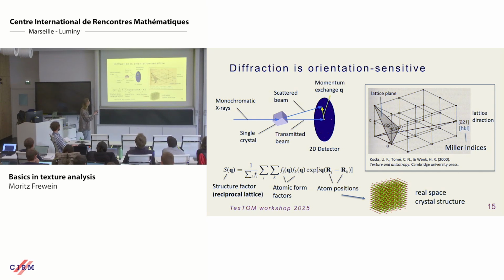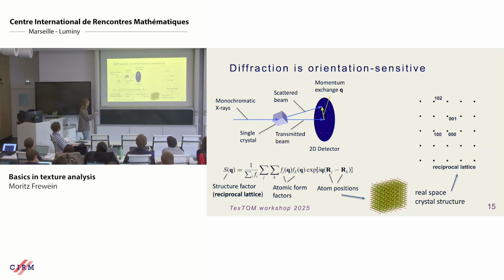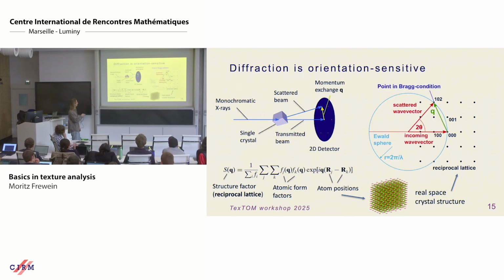Sorry, this is the wrong image here. So here again in 2D, for example, we have a reciprocal lattice like this, and when we do a diffraction experiment, we, however, do not observe this, but we have to do, for example, an Ewald sphere construction.